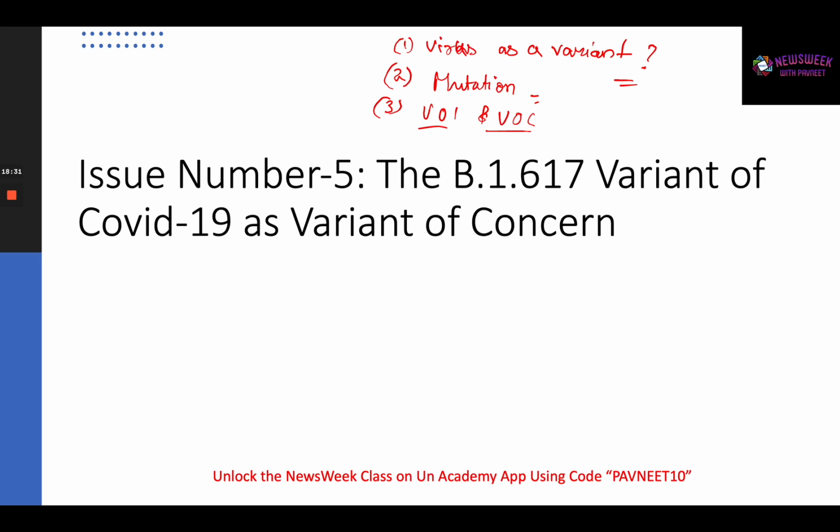WHO will call a mutation a variant of interest only when the virus mutates and causes an outbreak in individual countries. Are you getting it?